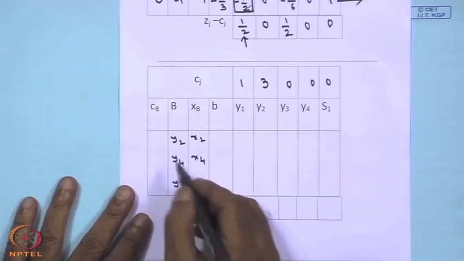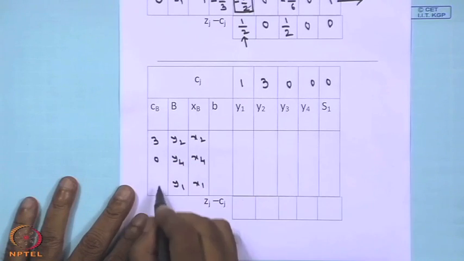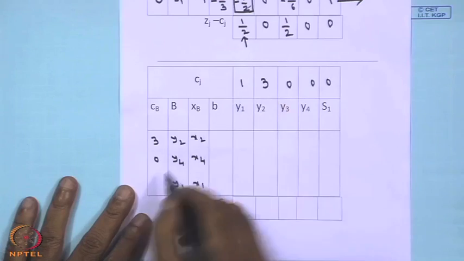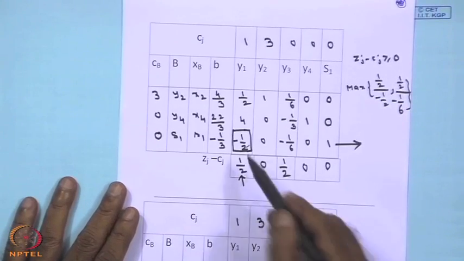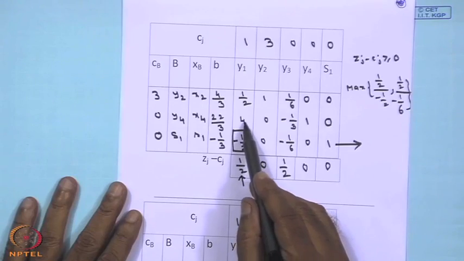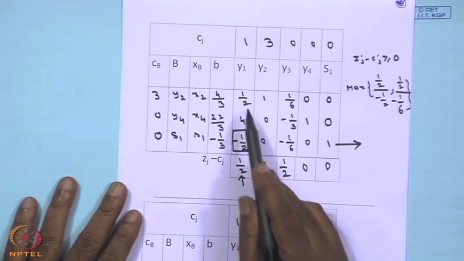So, therefore, your Cb values will be 3, 0 and for x1 it is 1. So, basically I have to make this variable as 1 and corresponding rows, columns, these values as 0.